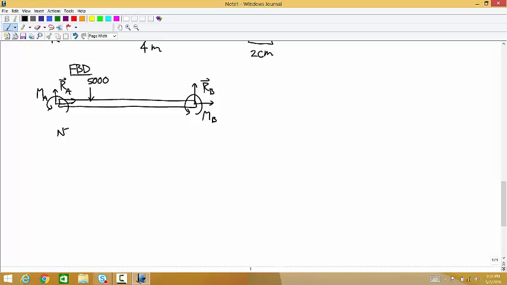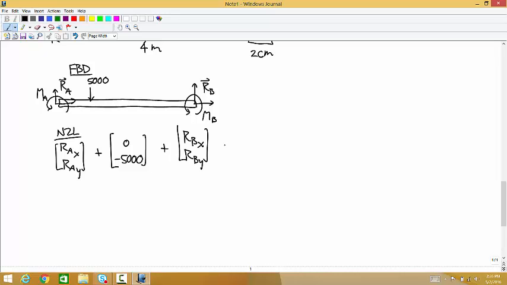So Newton's second law says RAX, RAY plus 0, negative 5,000, plus RBX, RBY is equal to 0.